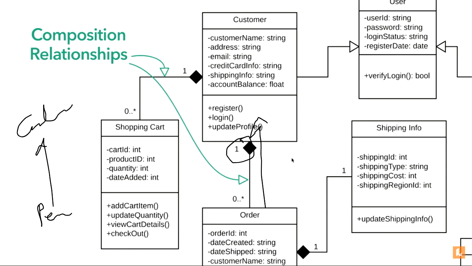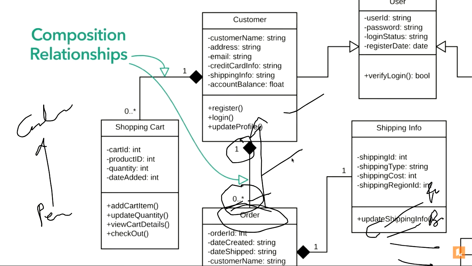And if you are reading this, customer has 0 or more than 0 orders. A customer can have an order for a pen, a customer can have an order for a book. जितने मर्जी ऑर्डर वो प्लेस कर दे. So a customer can have many orders, but every order will have one customer only. That is what is meant by multiplicity. That is how multiplicity is acting here.